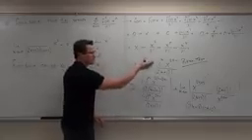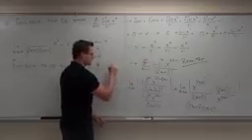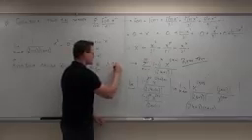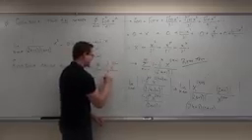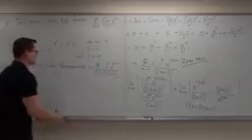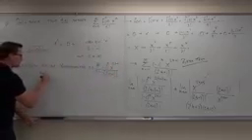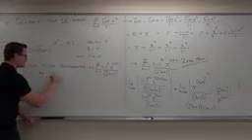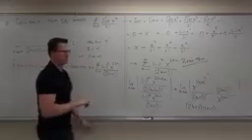It's a dummy variable, it doesn't really matter what we use. Over 2n plus 1 factorial, on the interval -infinity to infinity as we just showed.